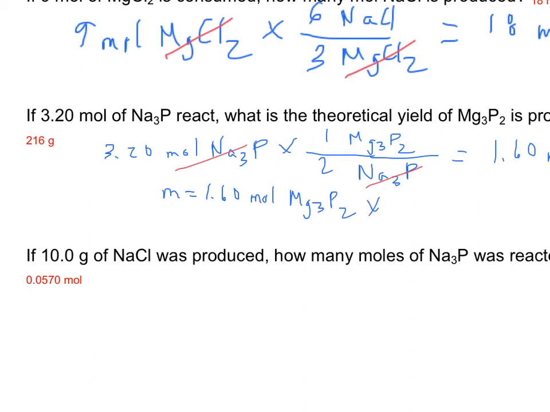Using the periodic table, I determined that the molar mass of Mg3P2 is 134.87 grams per mole.